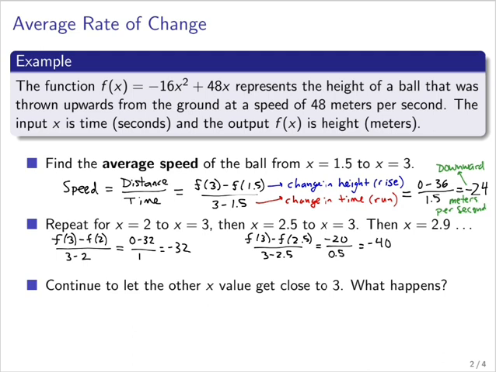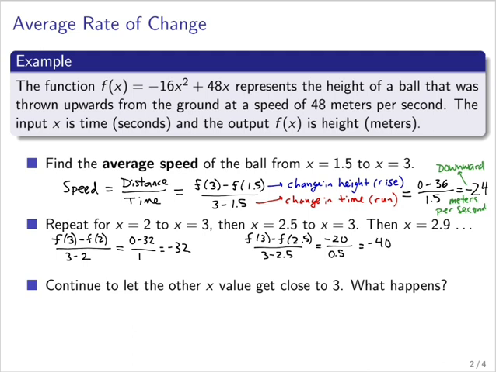I'll save you the trouble of writing out and showing you what I'm doing on my calculator, and just say that you can pause the video at any point and replicate these steps for yourself to make sure that you get these same values. But I find that from 2 seconds to 3 seconds, the ball averaged 32 meters per second downwards. And from 2.5 to 3 seconds, the ball averaged 40 meters per second, again, heading downwards because of that negative velocity, negative speed.